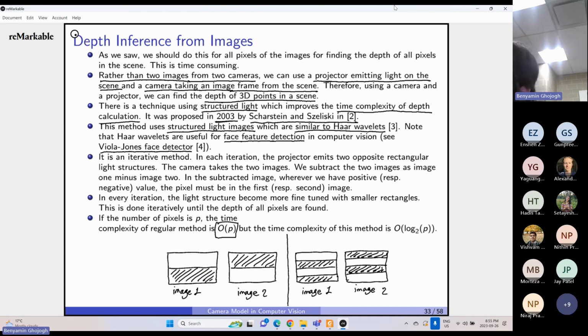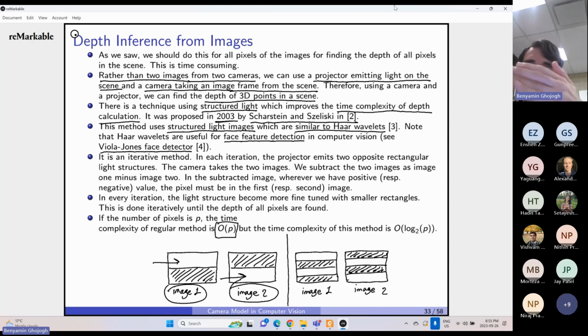Then what does it do? It takes the subtraction of image 1 minus image 2. Do you agree that in this subtracted image, if I have a positive value, it means that it is in the top part, because it is in image 1? If I get a negative value, it means that it is in the bottom part. Then it fine tunes that by making this pattern finer. It was coarse, and it makes it finer.